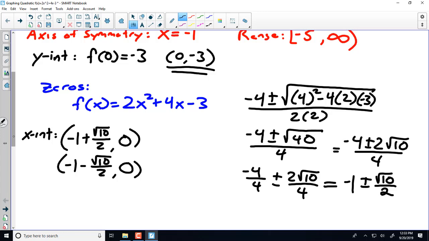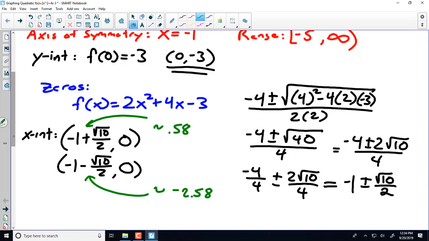However, for the purpose of graphing them, it is worthwhile to use a calculator and observe that this number right here, this negative 1 plus the square root of 10 over 2, is approximately 0.58. And then this one right here, this negative 1 minus the square root of 10 over 2, is approximately negative 2.58. So that will help us draw our graph.